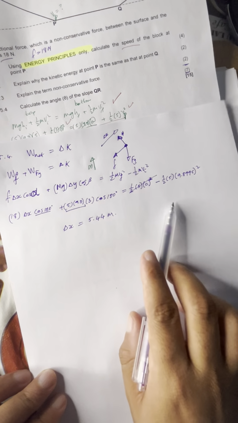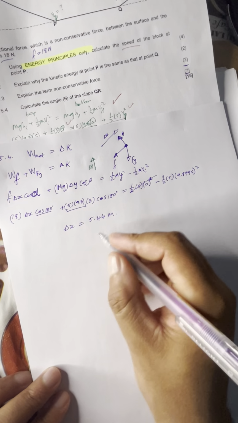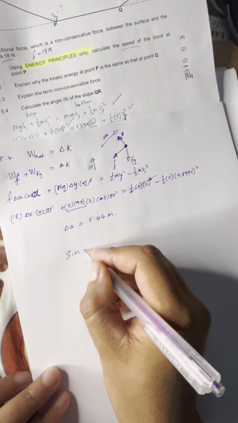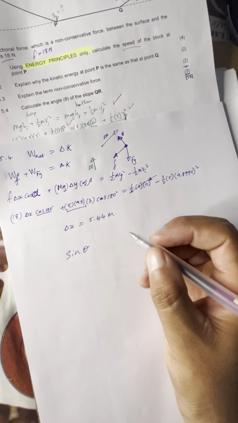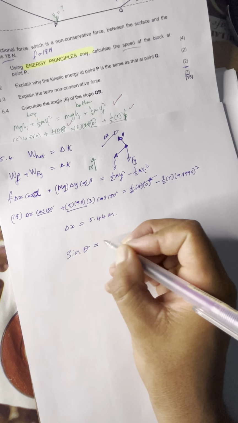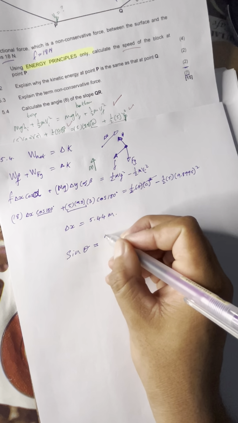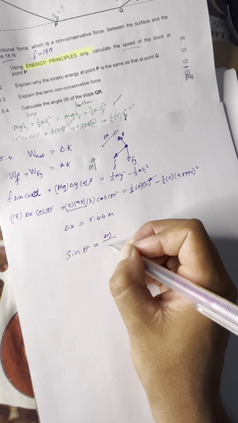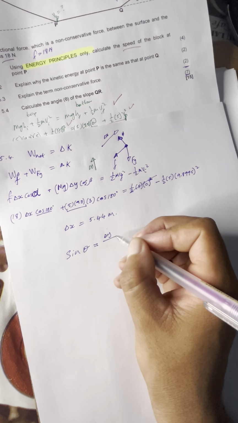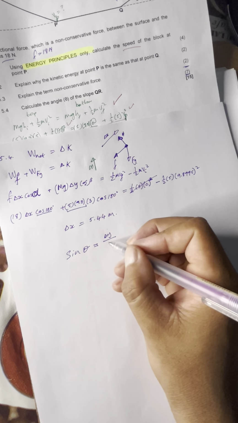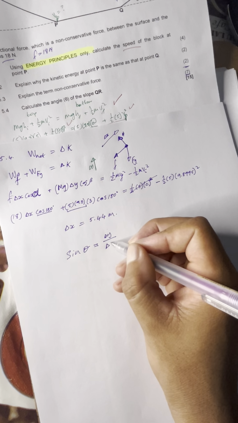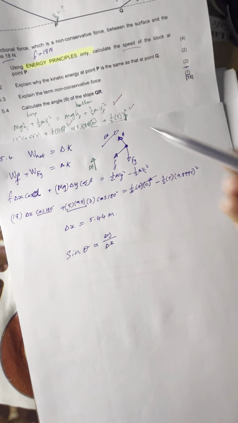Now, how do you use the distance and the angle? You have the sine of theta. You use the trigonometric function. Sine of theta equals the opposite over hypotenuse, and the opposite is change in y. Excuse me, it's change in y over change in x, x along the incline.